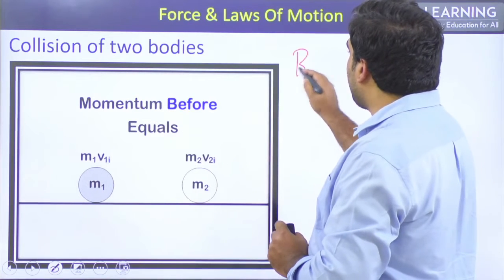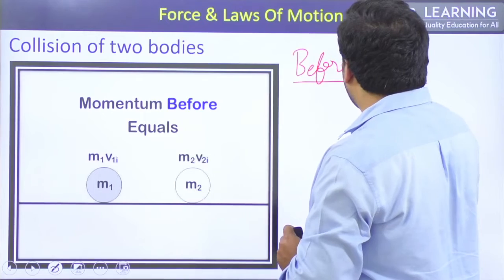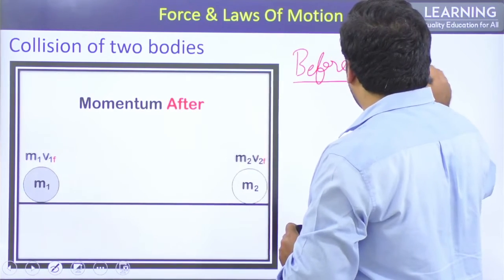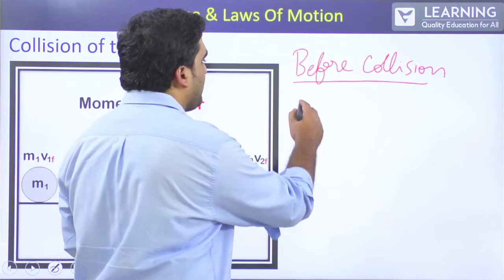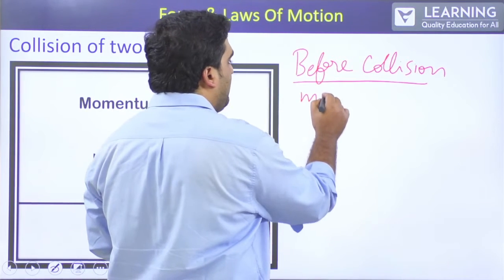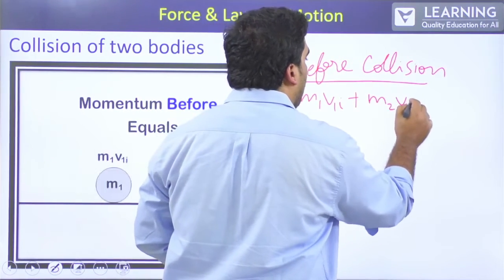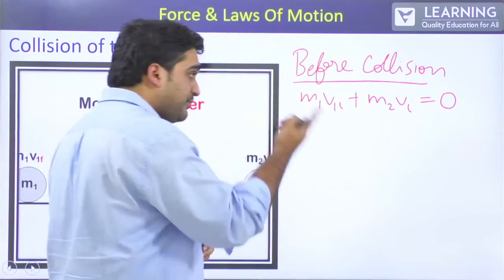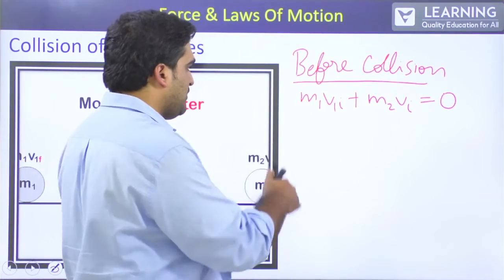Before collision, what will be the momentum? So before collision, we have m1 v1i plus m2 v2i, which is equal to 0, by the law of conservation, what we had learnt in the earlier section.